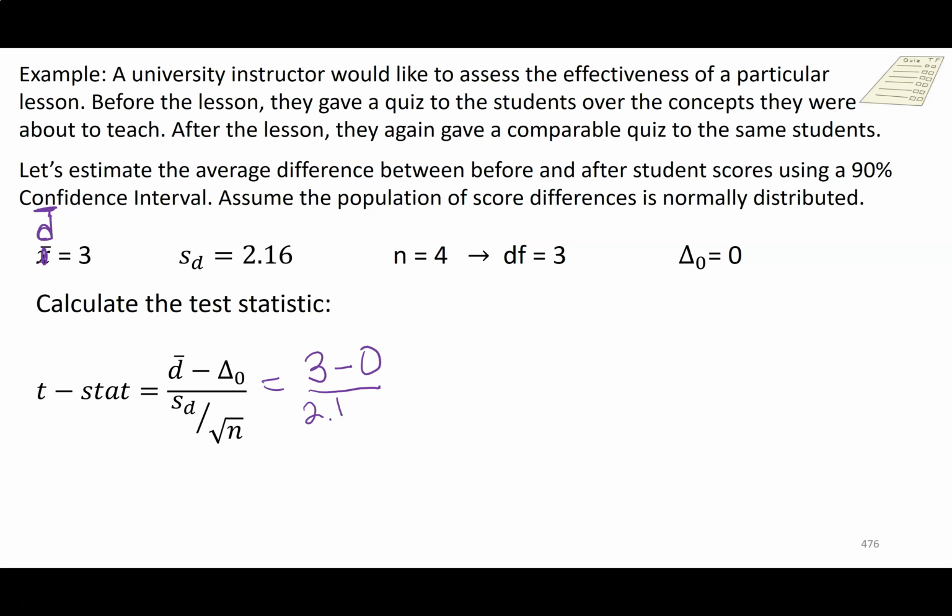So divided by that 2.16, I didn't actually round in here, and then square root of 4, which is really nice. So doing some math here, I get something like 2.777. I'm just going to round it to 2.78. And it's positive, right? Because 3 is higher than that 0. Okay.